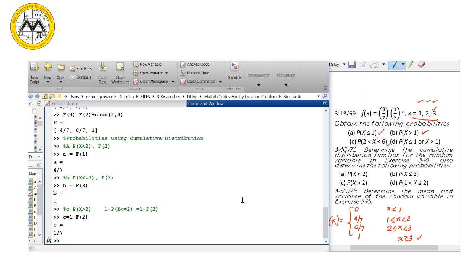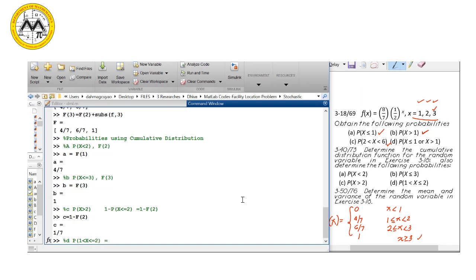For letter D, we have the probability that it is greater than 1 but less than or equal to 2.